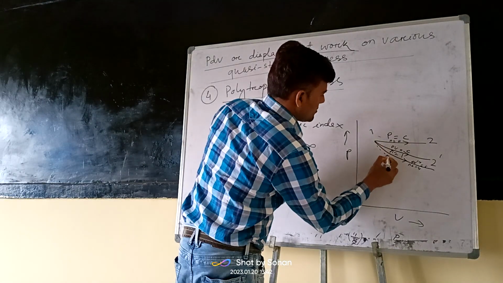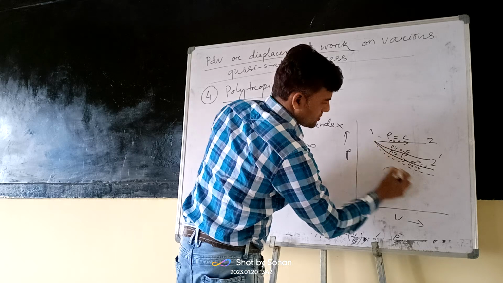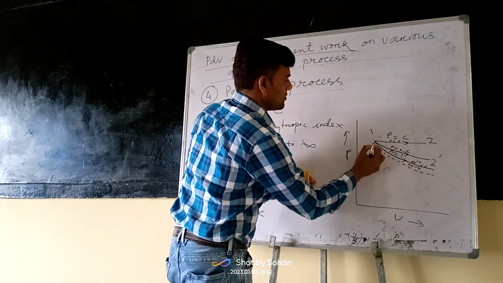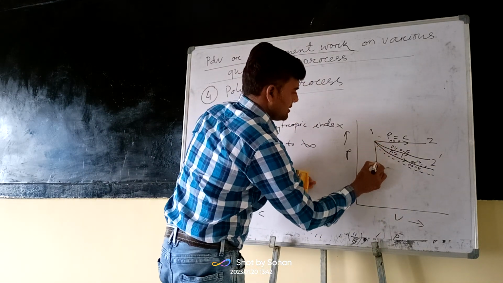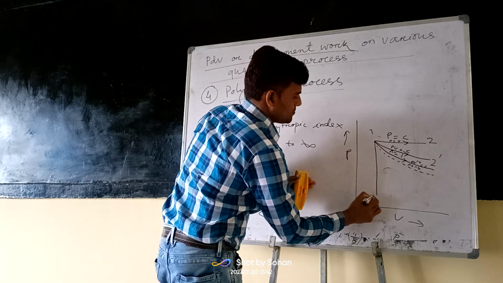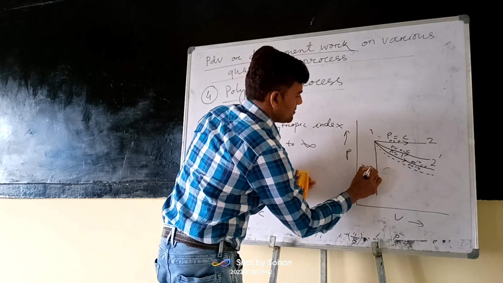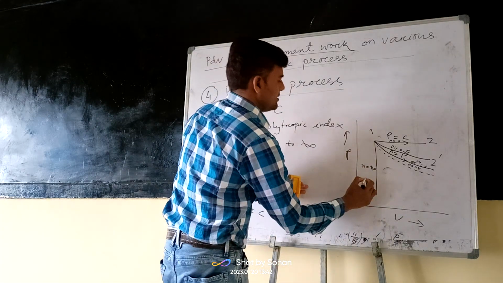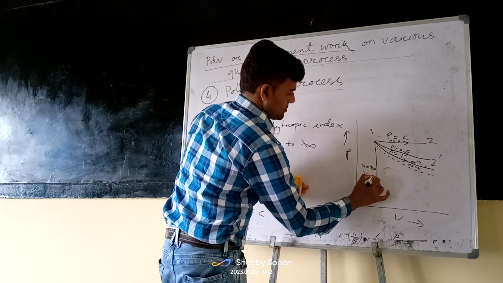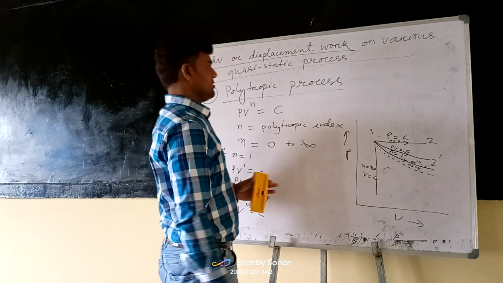And like this: n equal to 2, n equal to 3, n equal to 4. Finally, n equal to infinity is an isochoric process, V equal to constant.